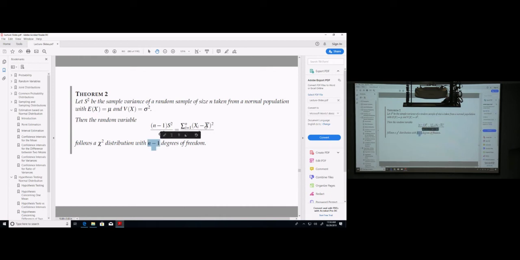But this is realistic, because your mu is usually not available to you. All you need to do is to replace the mu in that previous slide by the sample mean. As a result, you have to settle for 1 degree less.